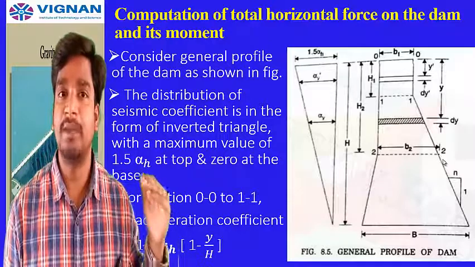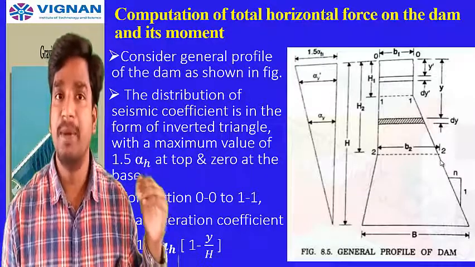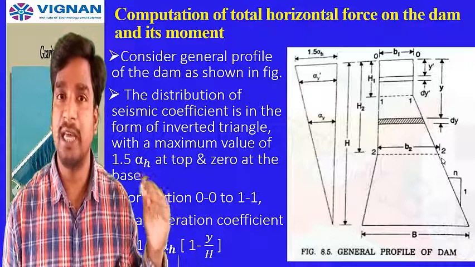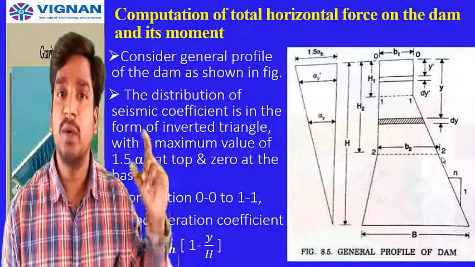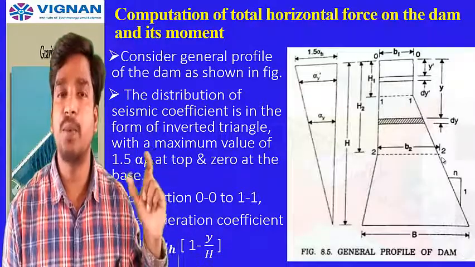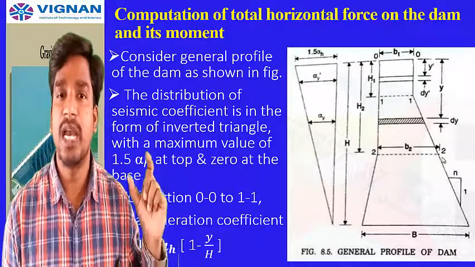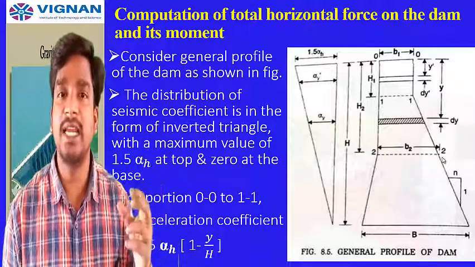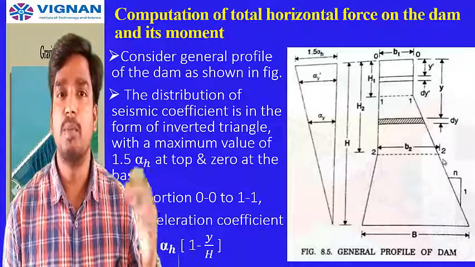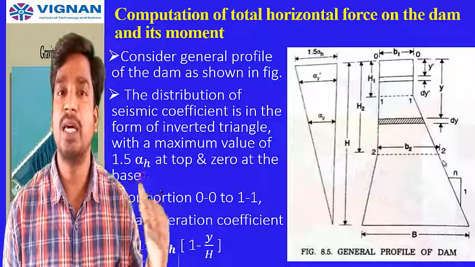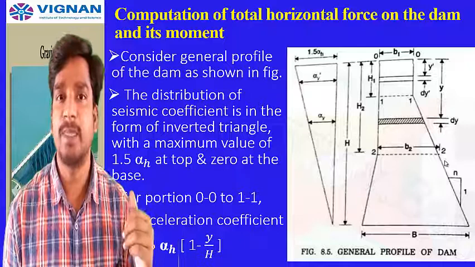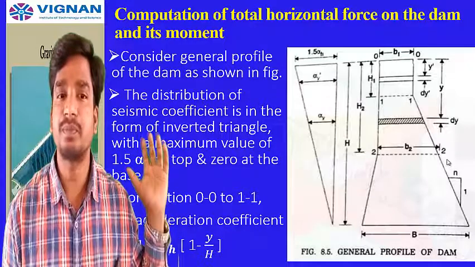With respect to that elemental strip we find the elemental force, then the force in the entire portion, and with respect to that force we calculate the total moment developed about the two sections we are considering.